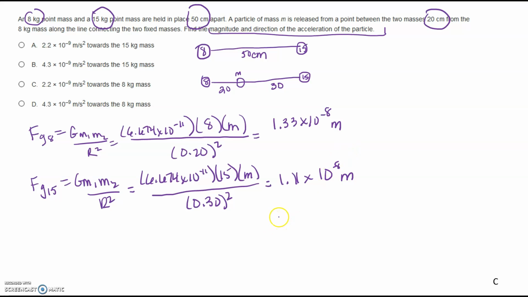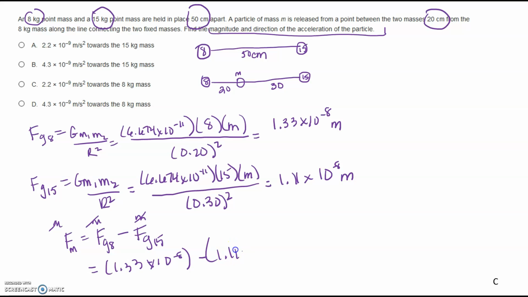So now, since they are in opposite directions, my total force is going to be my force of gravity on the 8 kilogram mass minus the force of gravity on the 15 kilogram mass, for the force on m. I plugged these in, 1.33 times 10 to the negative 8 minus 1.11 times 10 to the negative 8, because m would be in all of these, I can cancel it.